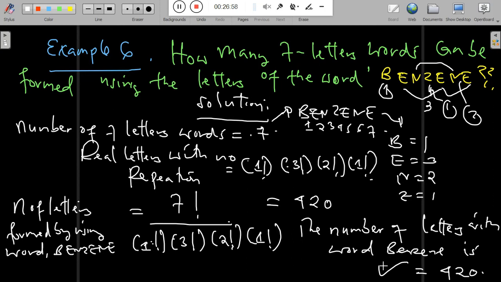So let's look at the concept of combinations. In the past examples, we have looked at how we apply permutation more at large. But in the next part, we're going to look at how we apply combinations and find the number of combinations, the number of ways where the sequence is not counted.